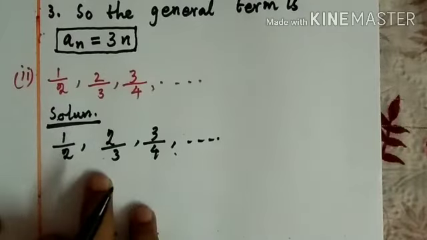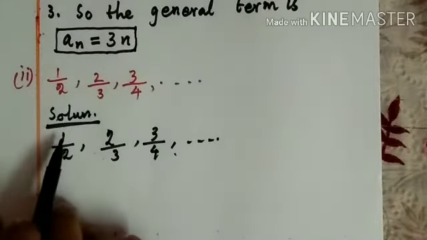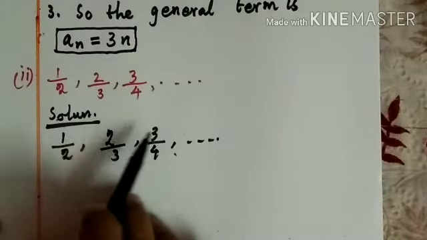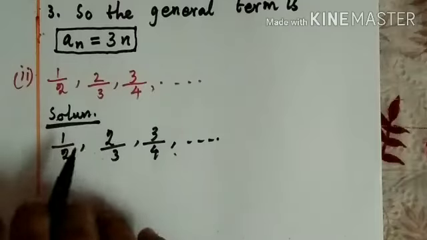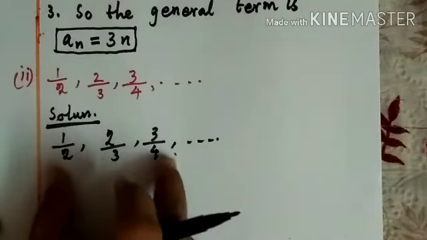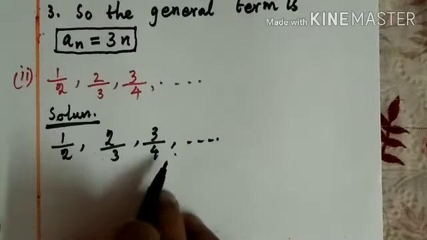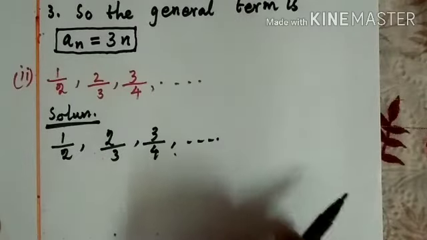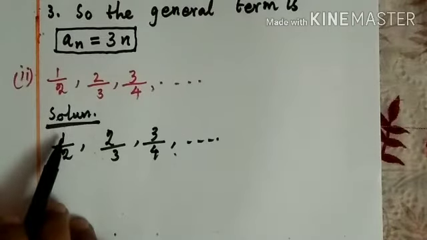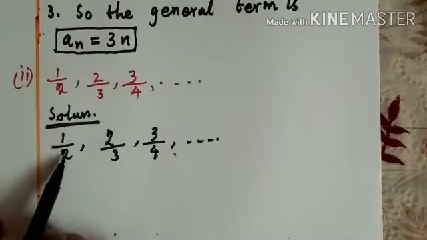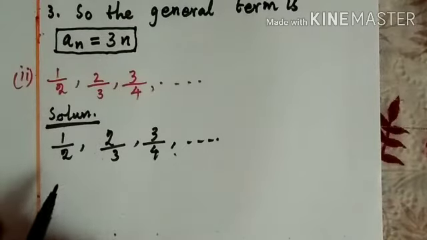It is a fraction. See the numerator: 1, 2, 3 like that going on. So it belongs to natural numbers. Next you see the denominator: 2, 3, 4 like that going on. But comparing to the numerator, the denominator is more than the numerator by 1.